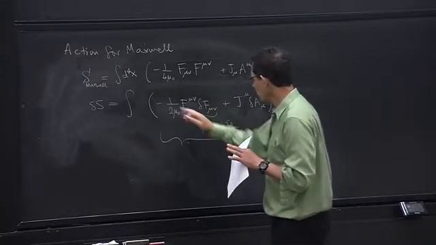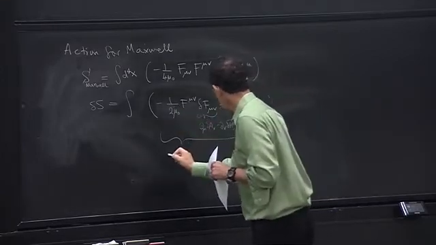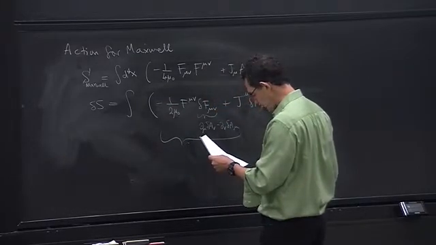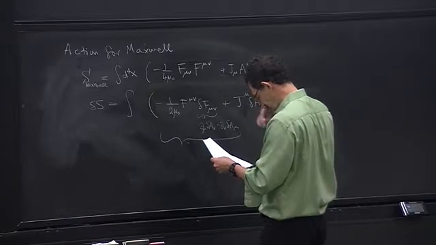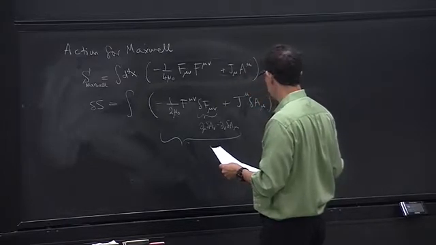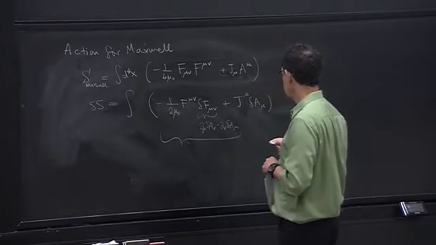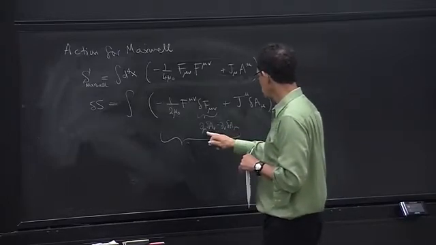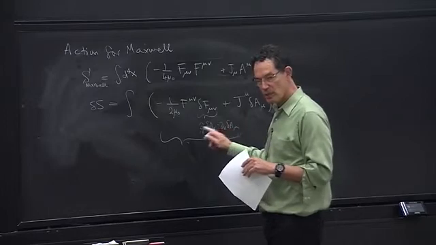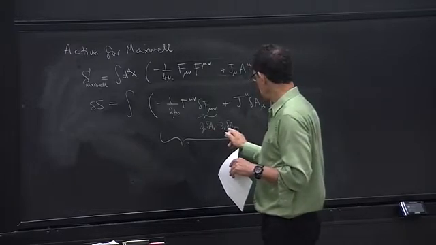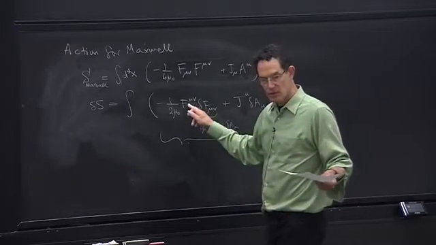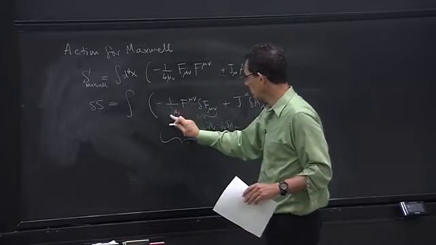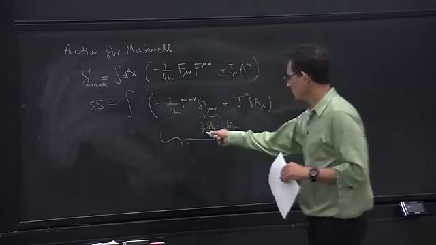I get a minus sign. You notice, obviously this is antisymmetric under mu and nu, right? So these two terms will be identical because they're both contracted with the F. So I could just cancel one of them and remove the factor of 2. So there's only one term now.